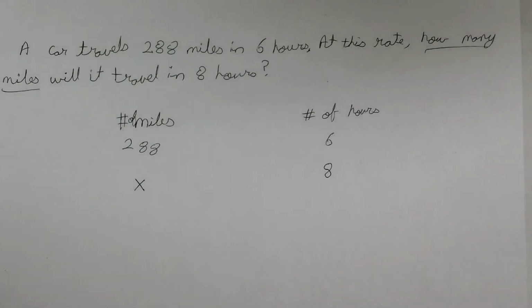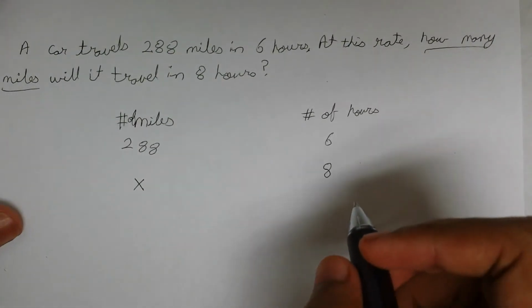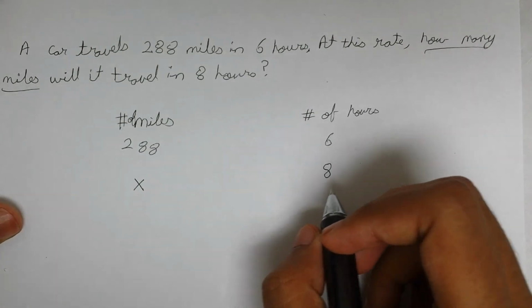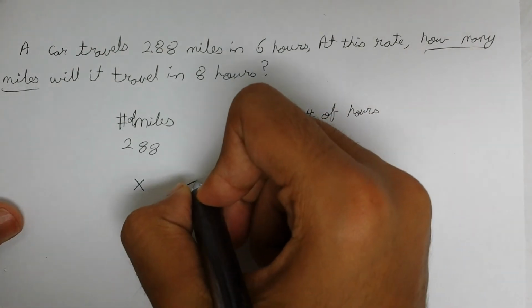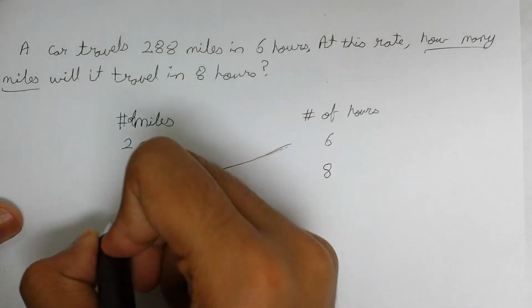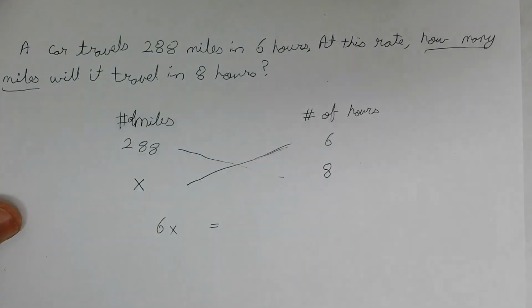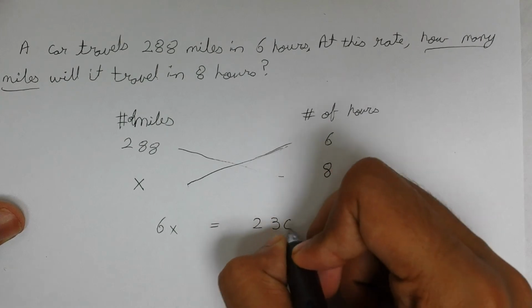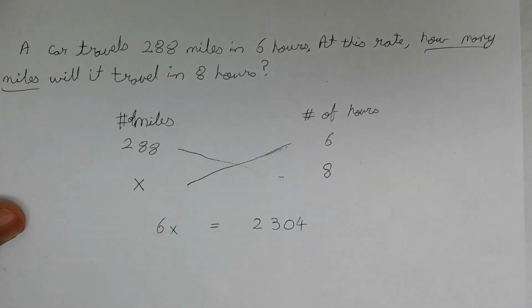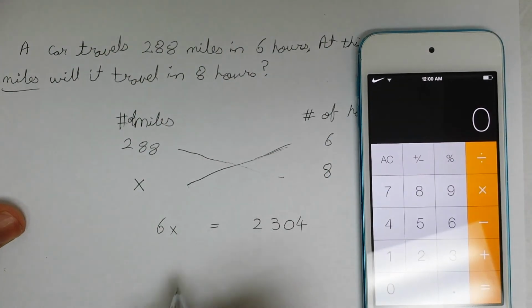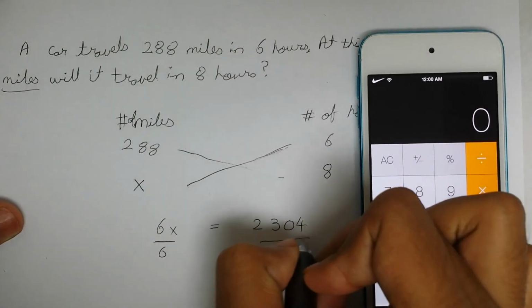In here, we're going to do cross multiplication, like this. 6 times x, which is 6x. 288 times 8, which is 2304. And now, like we did, we divide by 6 on both sides.